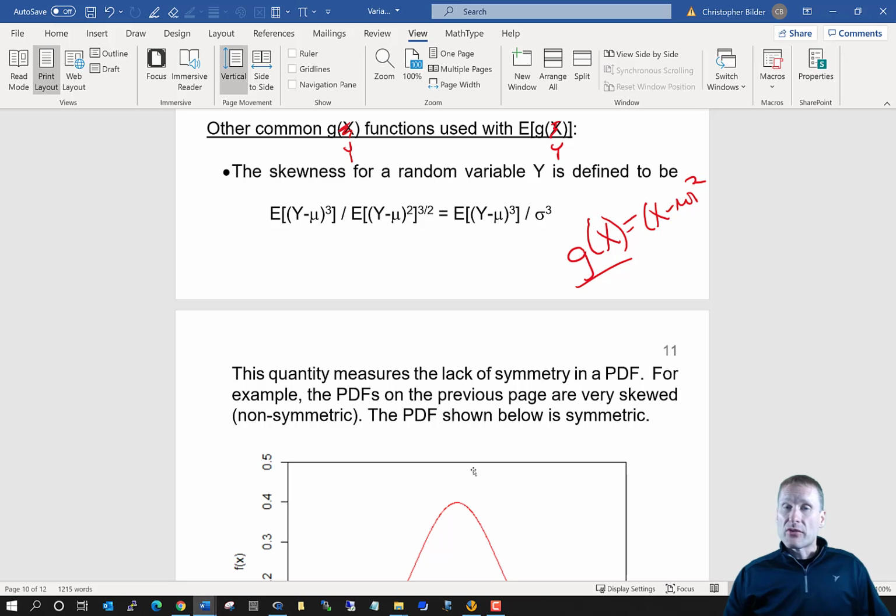One of these measures is something similar to what we discussed before called the skewness. The skewness is defined as follows. For that g of y, we use y minus mu cubed, find the expected value of it, and then we divide by sigma squared raised to the 3 divided by 2 power. That's called the skewness.